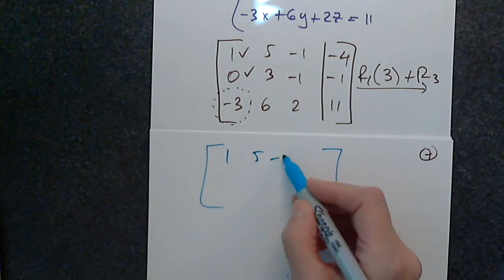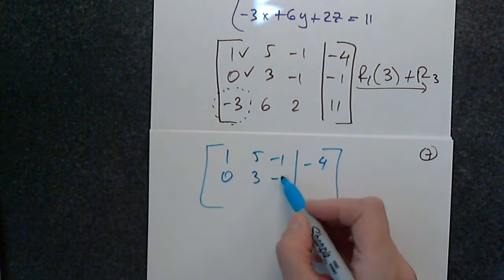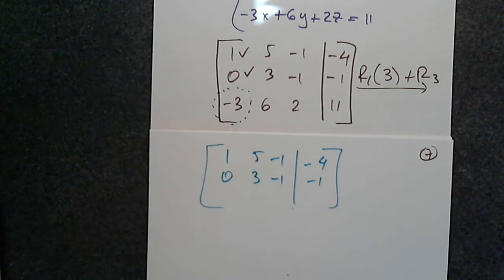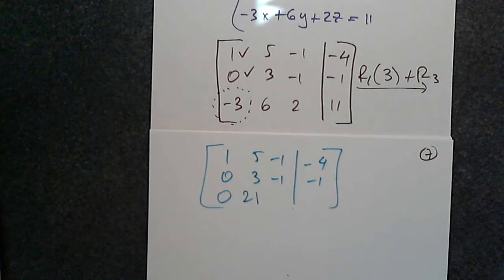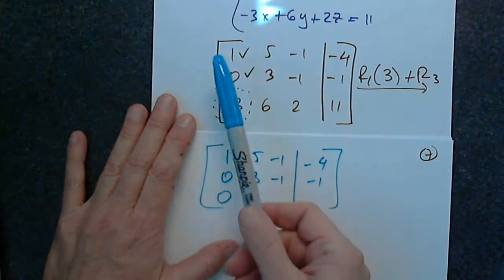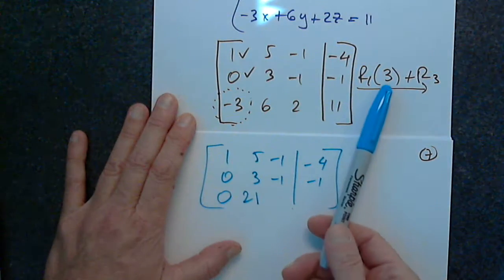We copy the first row. We copy the second row. And now please tell me what to write in the third row. I saw that. Too late. Yes, awesome. 1 times 3 minus 3. 5 times 3, 15.